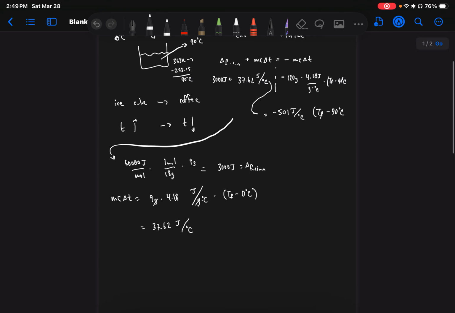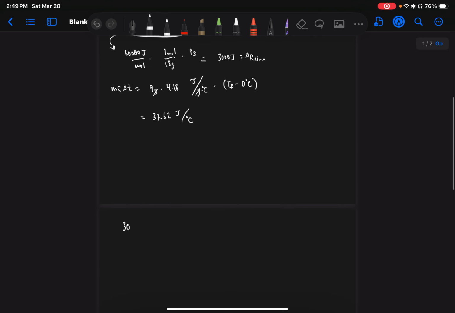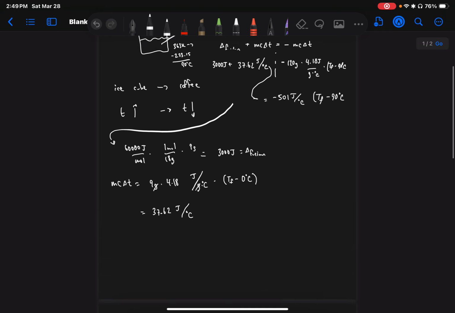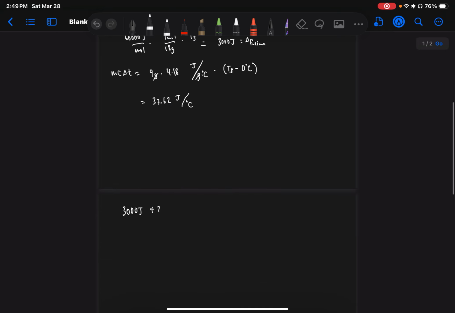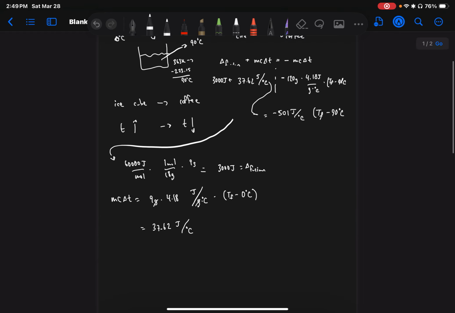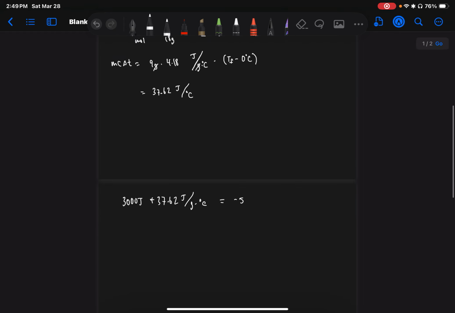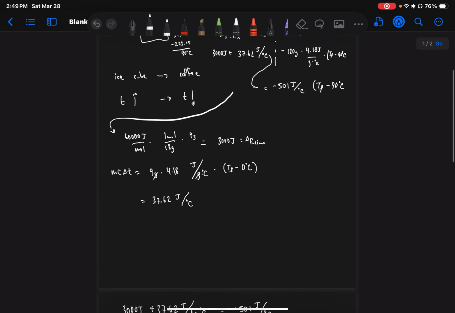Okay, so what do we have here? 3,000 joules plus 37.62 joules per degree Celsius is equal to negative 501 joules per degree Celsius. Wait, why do I have grams still?